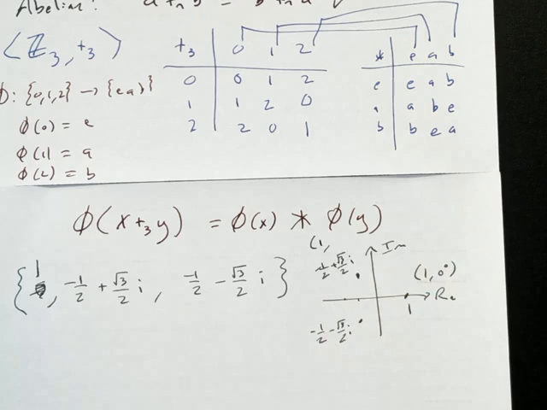What's the angle? Well, I need something whose cosine is -1/2 over 1, and something whose sine is root 3/2 over 1. So cosine of -1/2, sine of root 3/2, what angle is that?